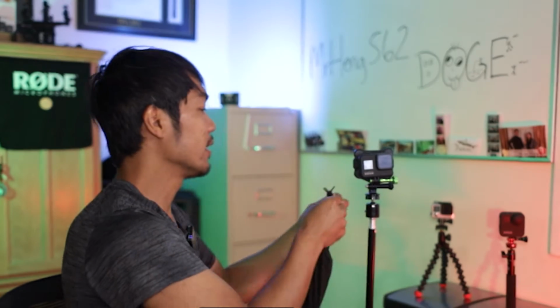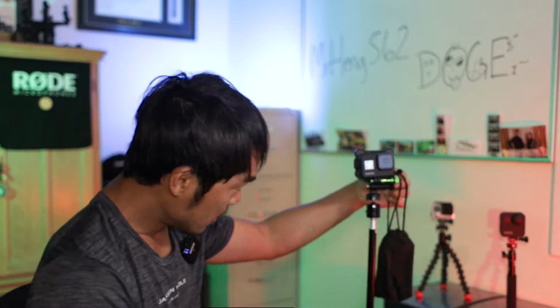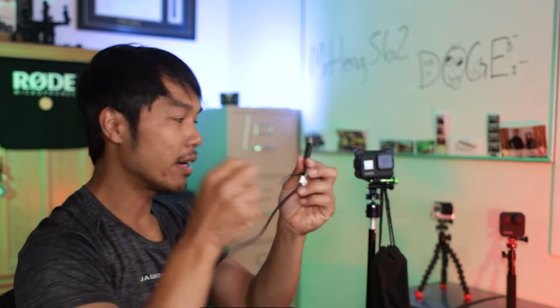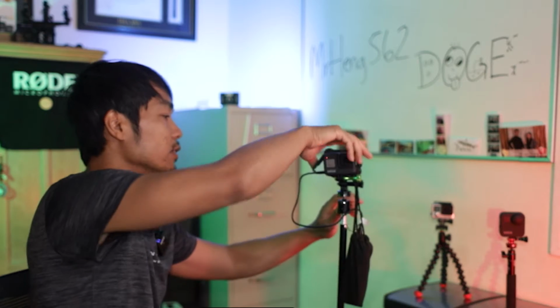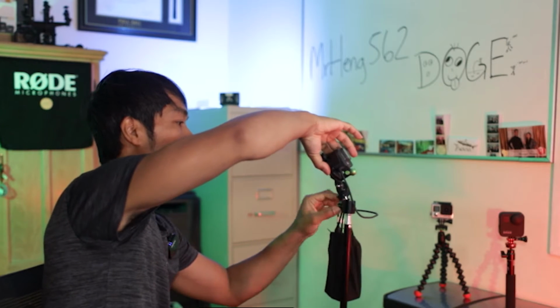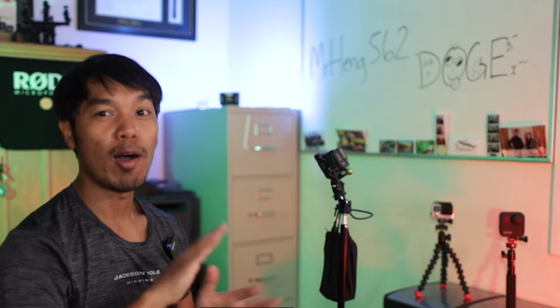But I like to use a bag with the battery, slap it on there like that. This will hold the battery up, and I would take my wire right here, plug it into the battery, use the ball head, and adjust for the angle you want. Put maybe a sandbag on your tripod in case it's a windy day, and boom, you have yourself a setup right here that will shoot a time lapse all night long.